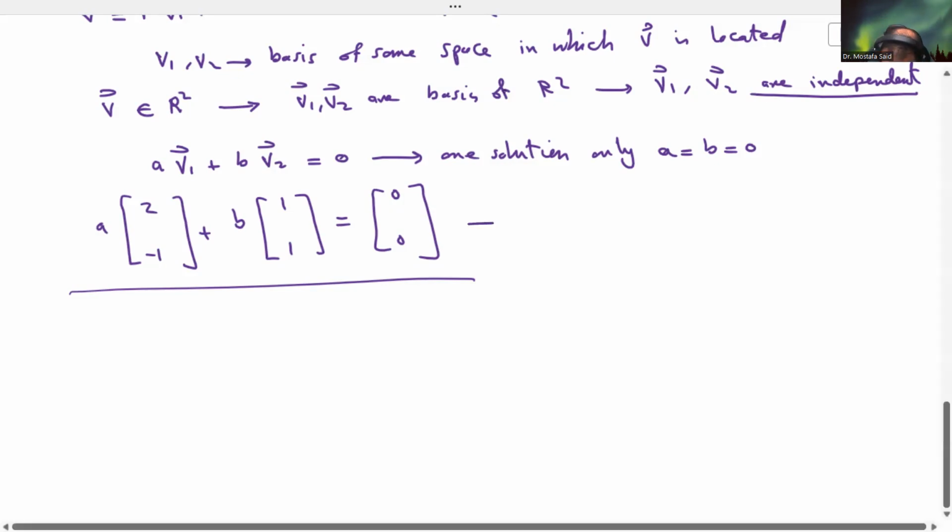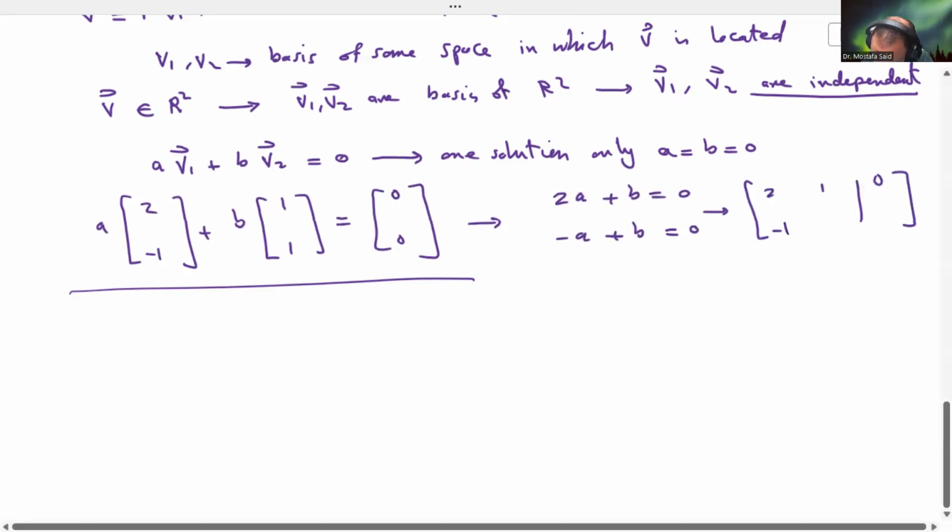So if we write the two equations here, we have 2a plus b equal to 0, and minus a plus b equal to 0. So we have our Gaussian elimination here: 2, 1, 0, and -1, 1, 0. Let's switch the rows: -1, 1, 0, 2, 1, 0.